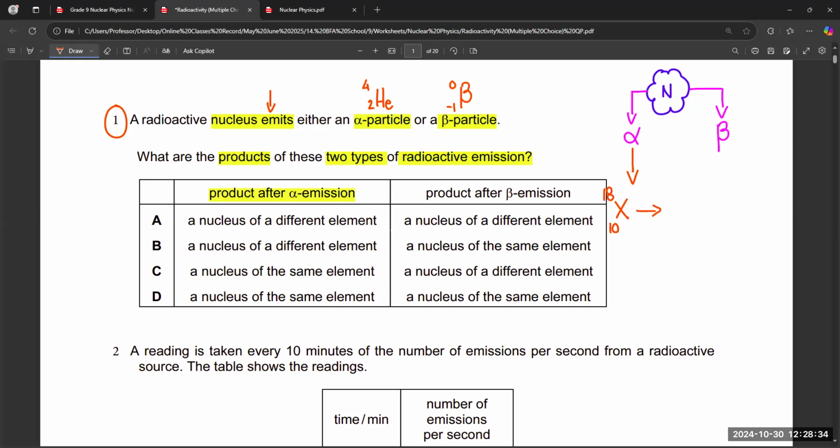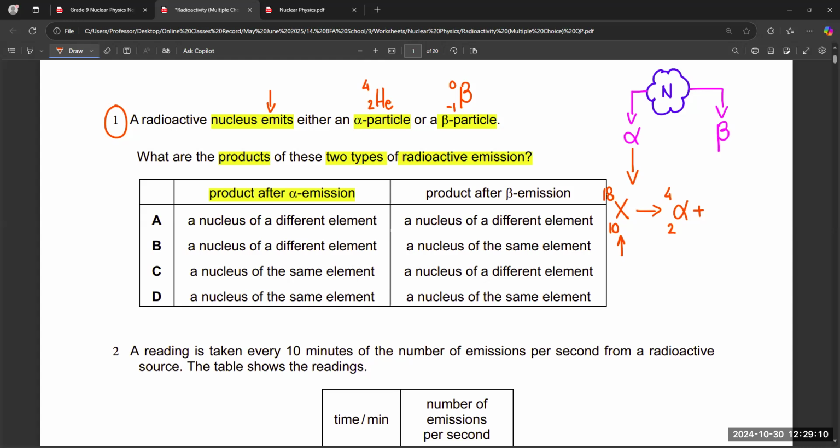So when this nucleus emits alpha, 2, 4, right? In result, what will be the mass number and the atomic number of the element that we will get with alpha? This is the initial element, X, having 10 protons and 18 nucleons. And from this element, we emit alpha.